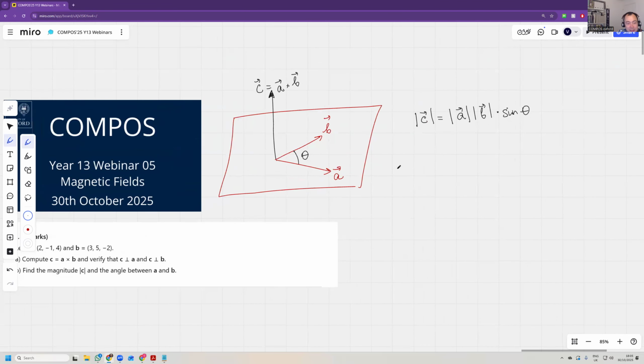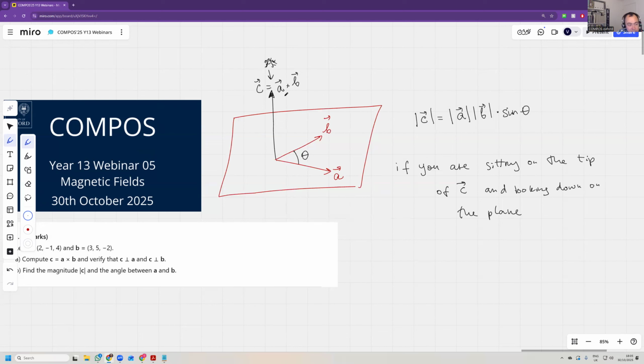if you are sitting on the tip of C, this is not a very scientific definition. If you're sitting on the tip of C and looking down on the plane, so if you're sitting here, your eyes are down and you're looking downwards.